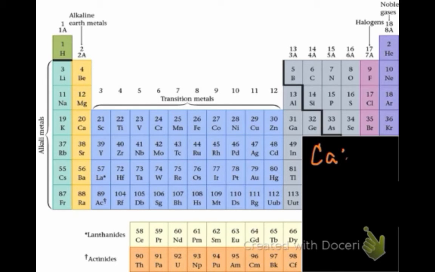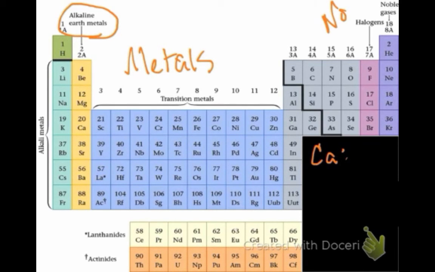You are not going to memorize the individual properties of each element, but you will memorize the properties of the group. We know that calcium, in general, is on the metal side. The metals are on this side, and the non-metals are over on this side. The stair-step line is what separates them from each other. So we know calcium is a metal.